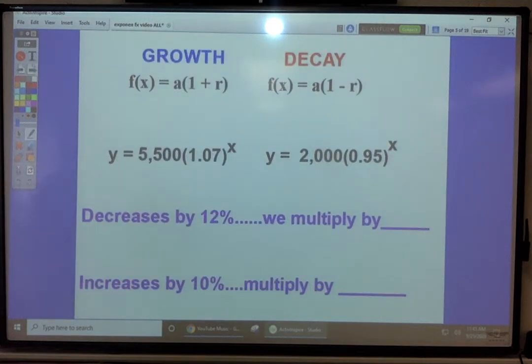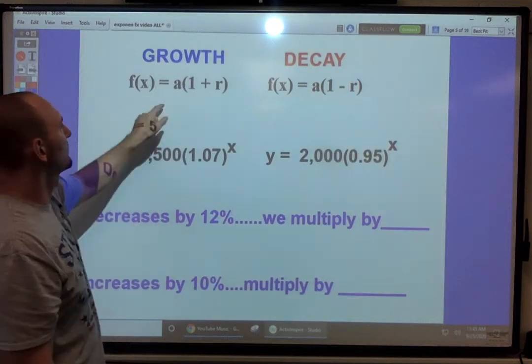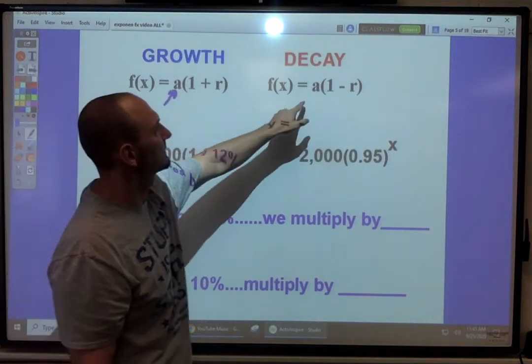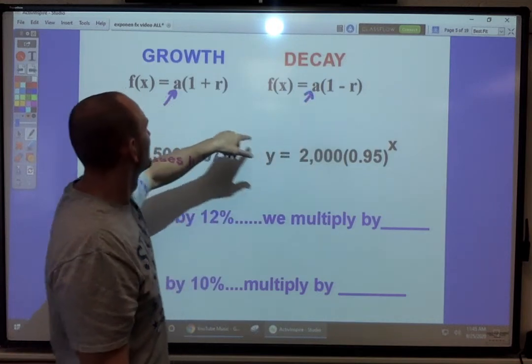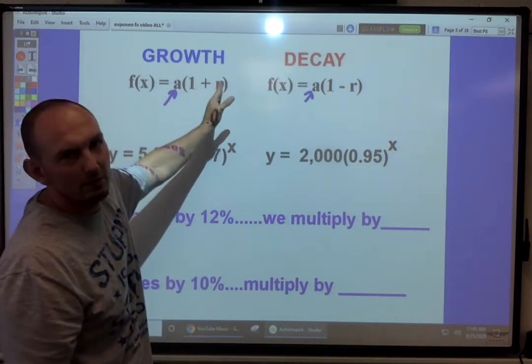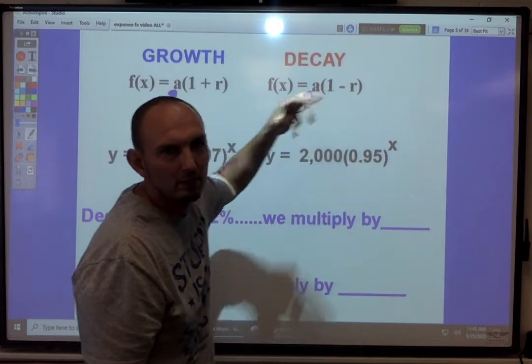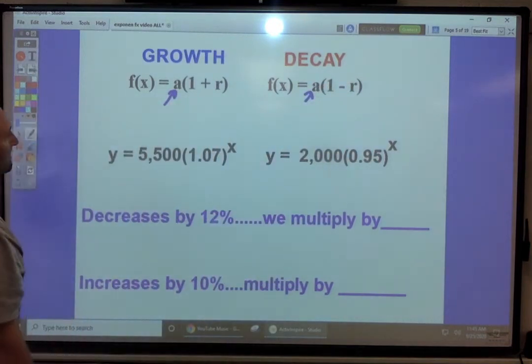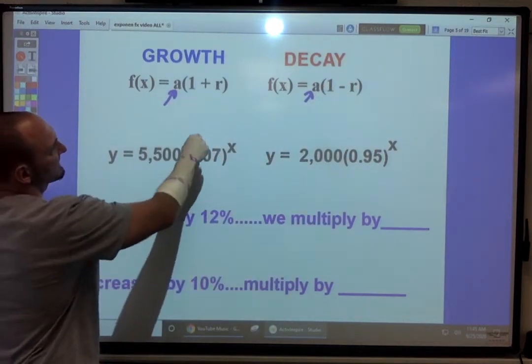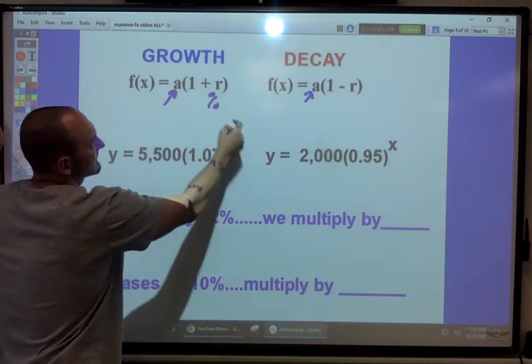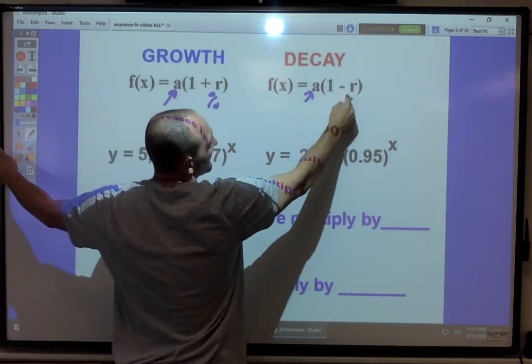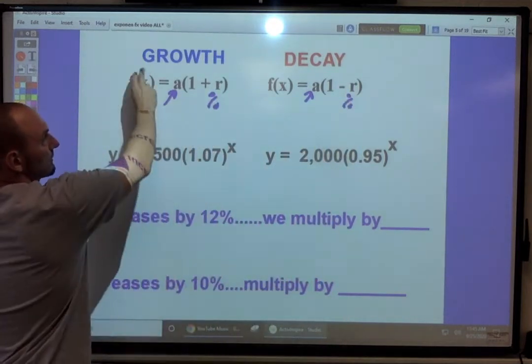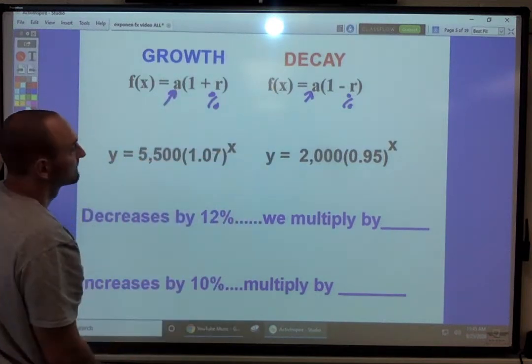Okay, here, this is more for word problems when you're given percents. It's essentially the same thing. You have your y-intercepts right there, the a value. But we have a 1 plus an r, 1 minus an r. So what that r is representing is some kind of percent rate that we're either gaining or losing. We're either growing or we're going down.